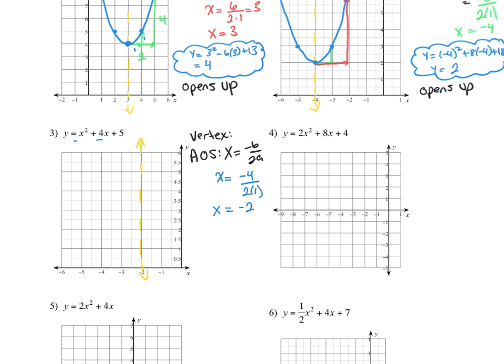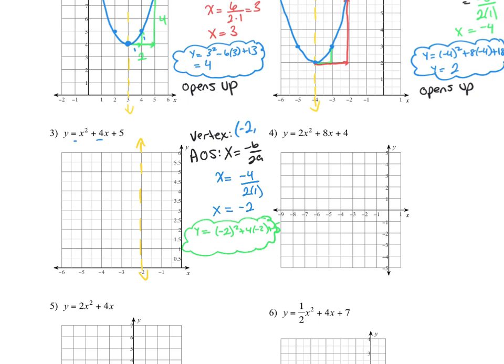And for our vertex, we're going to steal that x value, negative 2. We're going to plug it into the equation. So y equals negative 2 squared, plus 4 times negative 2 plus 5. Again, you can plug it in your calculator, you can do it in your head.